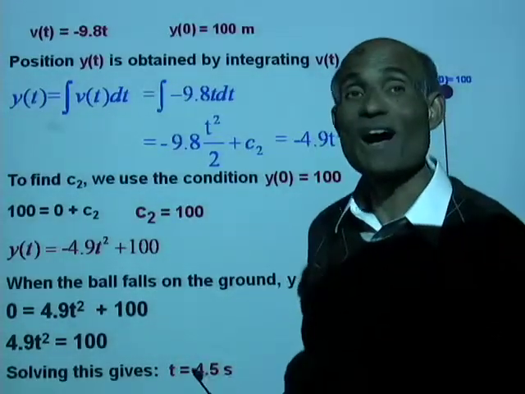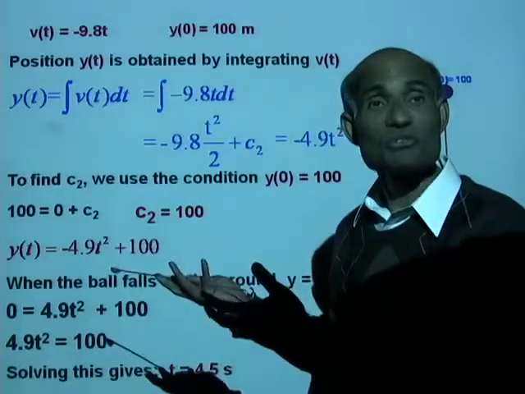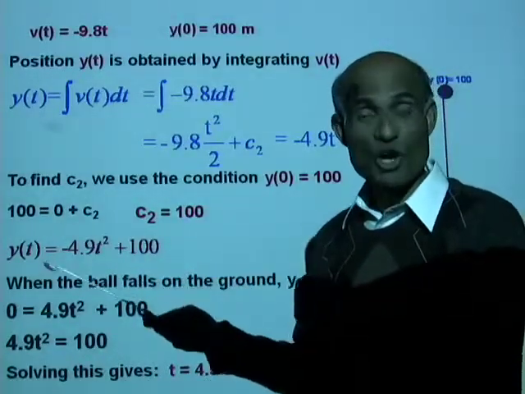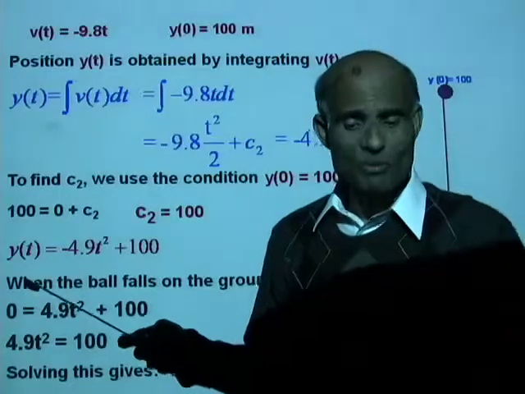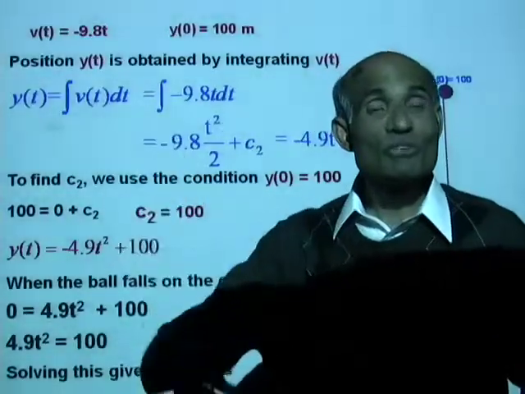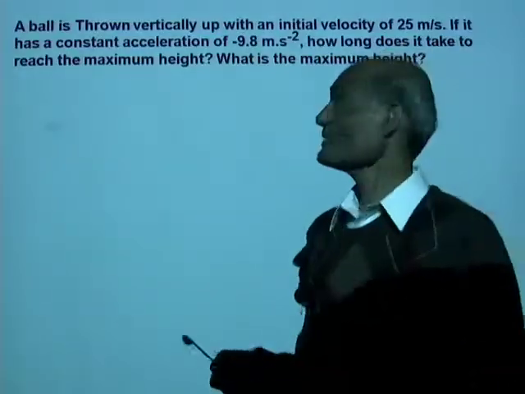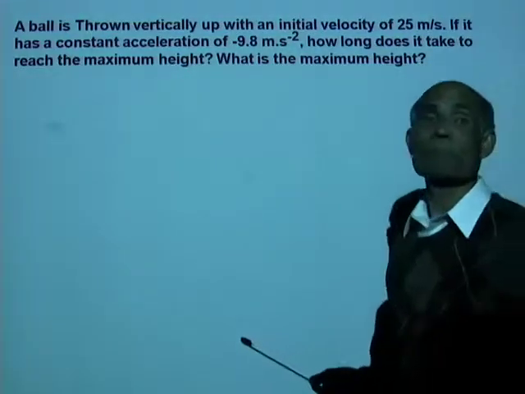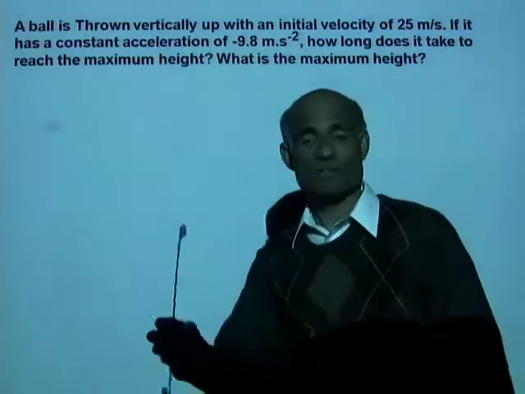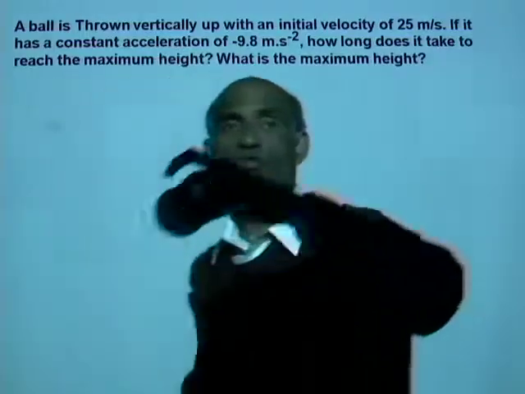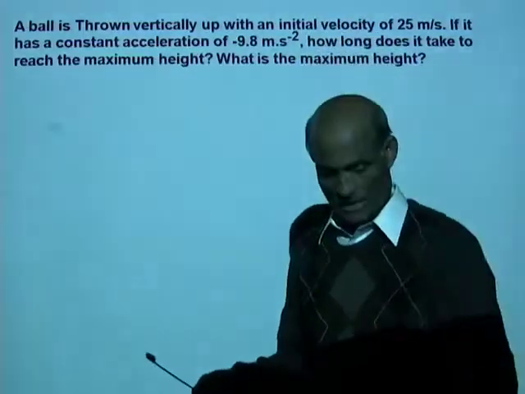Again, look at that, how neatly we can use the method of calculus to solve fairly complex problems in moving objects. All right, another one. This time, in the last problem we dropped a ball from a certain height.